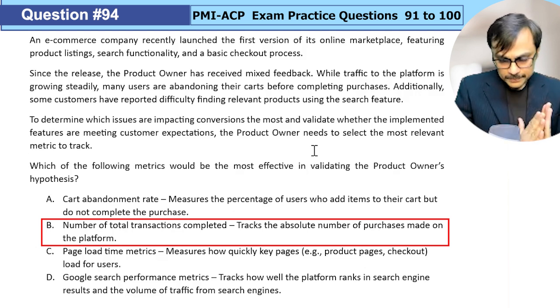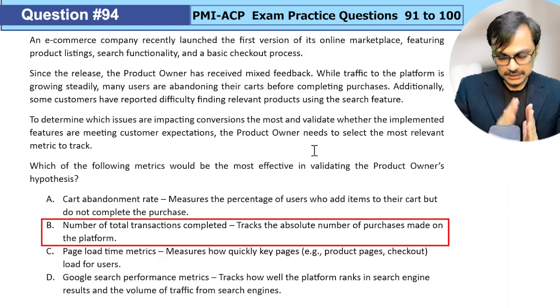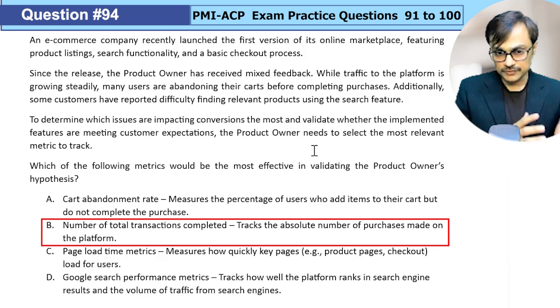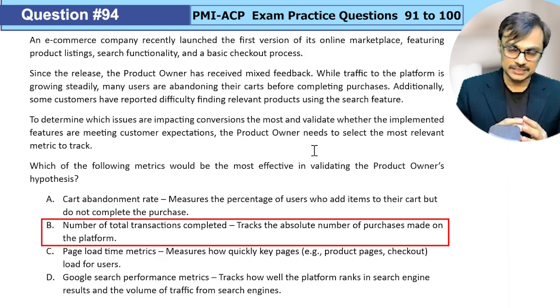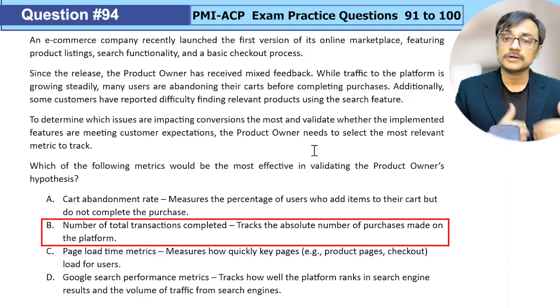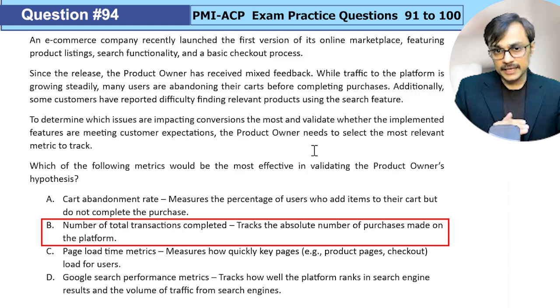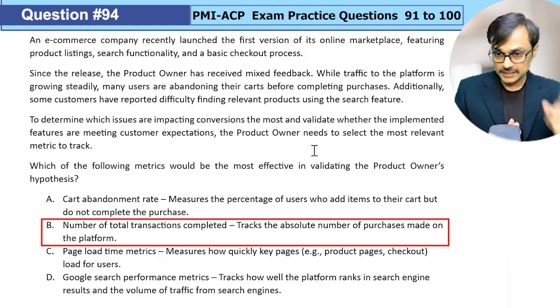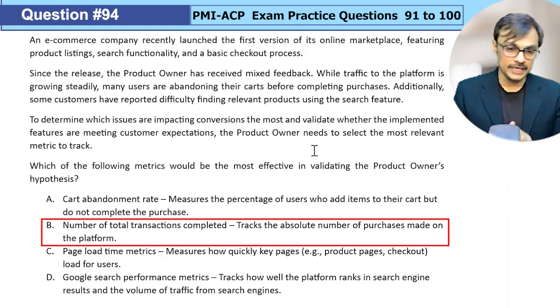If they proceed, only then will they reach the payment. So when I focus on the cart-related thing, I understand the real purchase because we are not abandoning it after the cart is added. And I also understand how many people are adding and not purchasing. So option A gives me better information, and it gives me information from before the purchase is happening. So out of A and B, I will go with A.